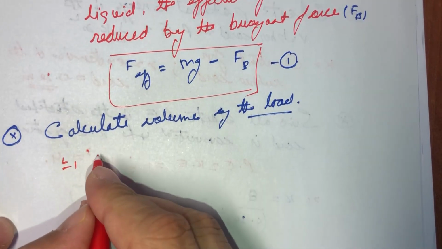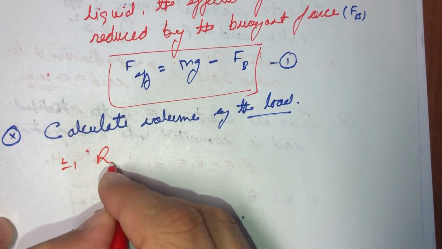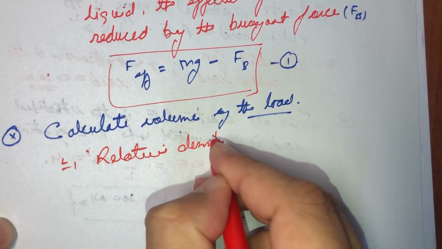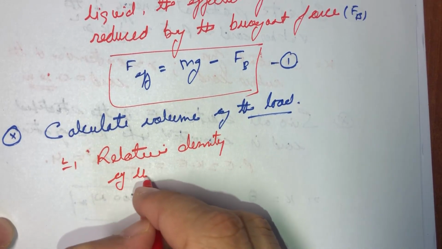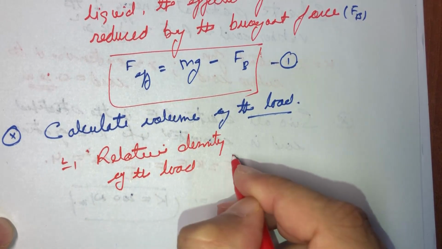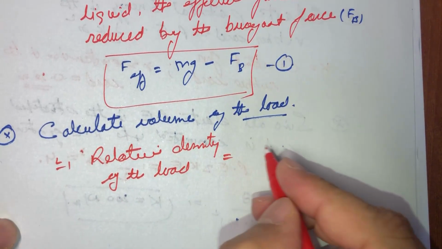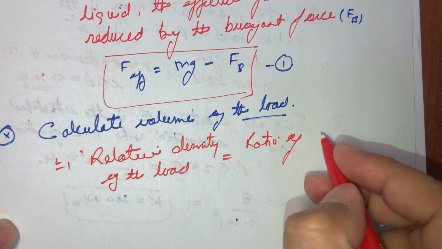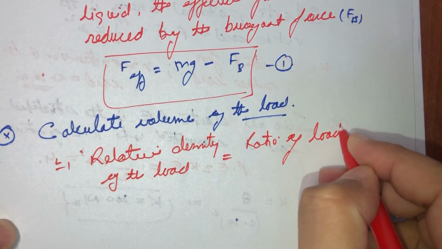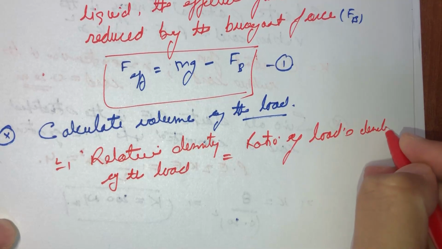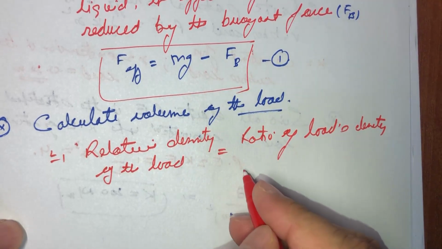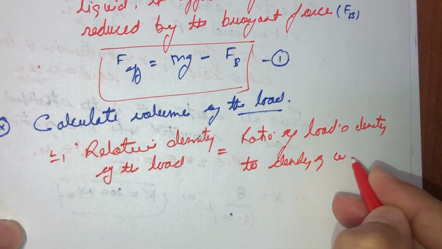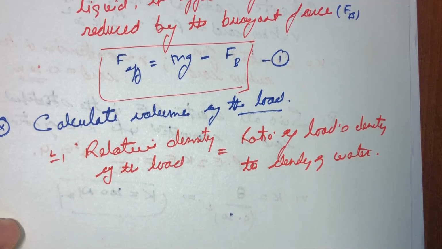So in the question we are given that the relative density of the load is equal to the ratio of load's density to the density of water.